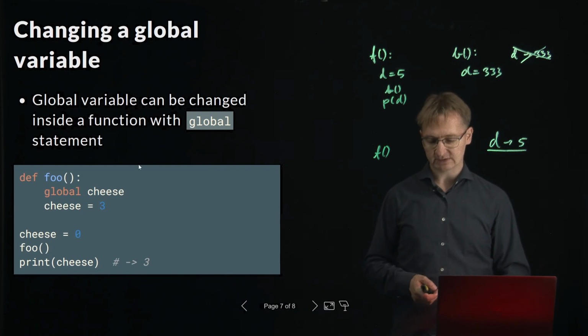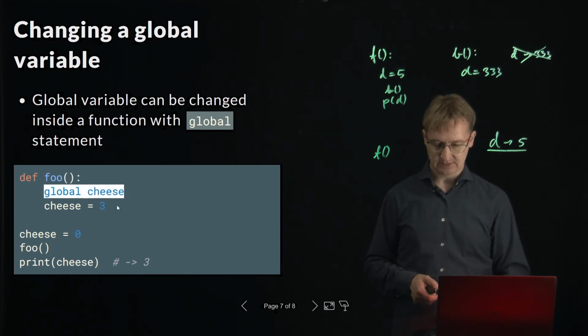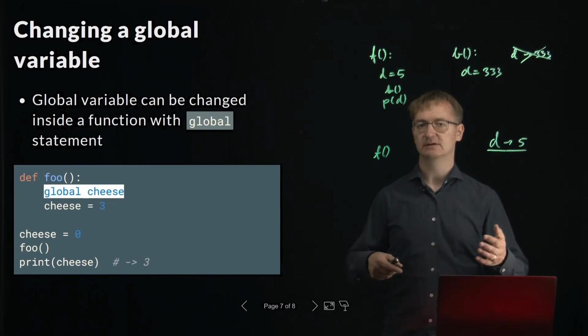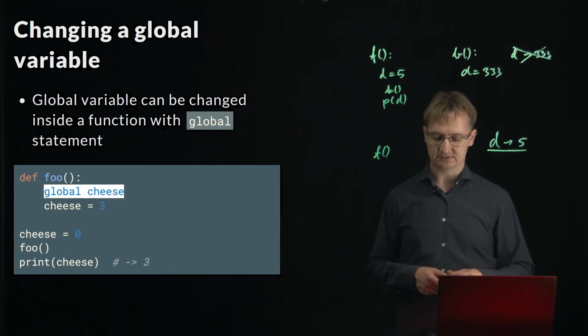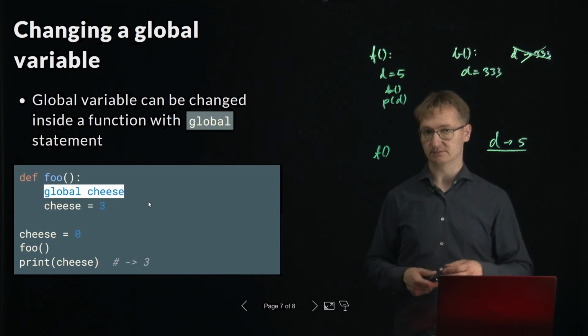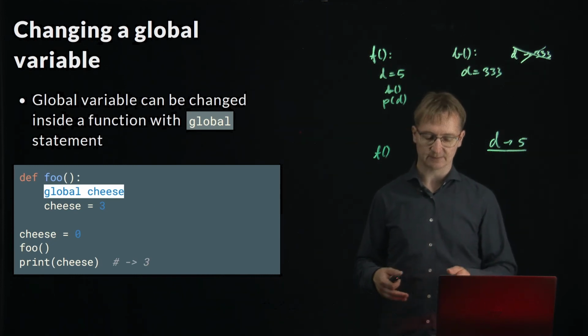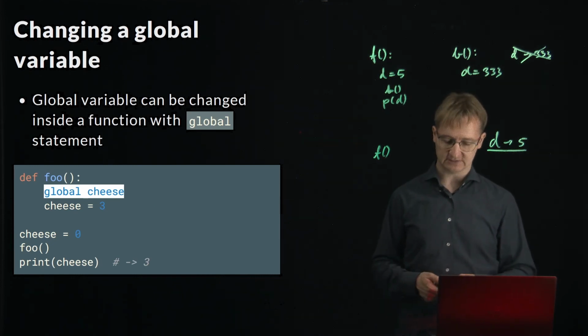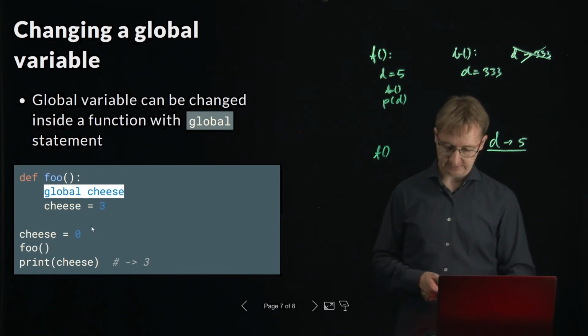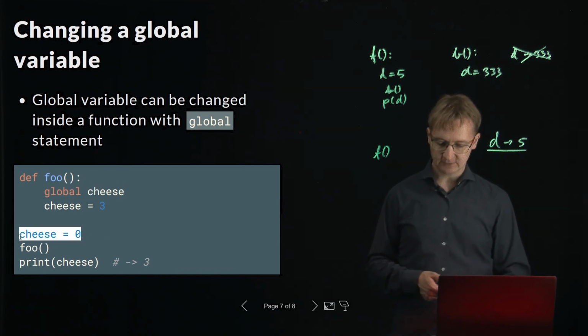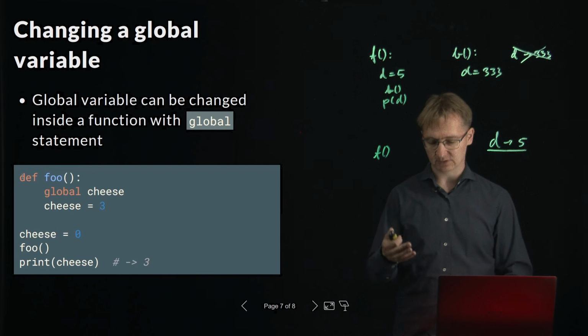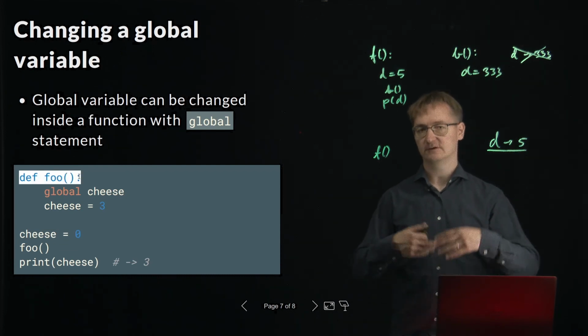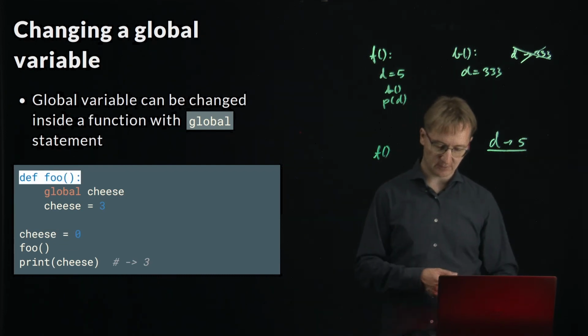To do that, we have to have a global statement here. What it does is it makes this cheese variable writable, so I can write over the value of cheese. And how it works: if you execute the code, first the foo function is loaded into memory.